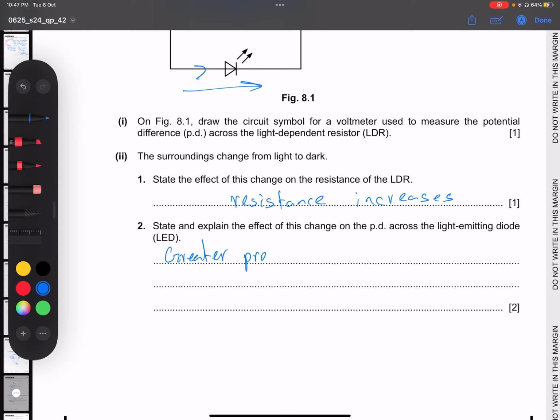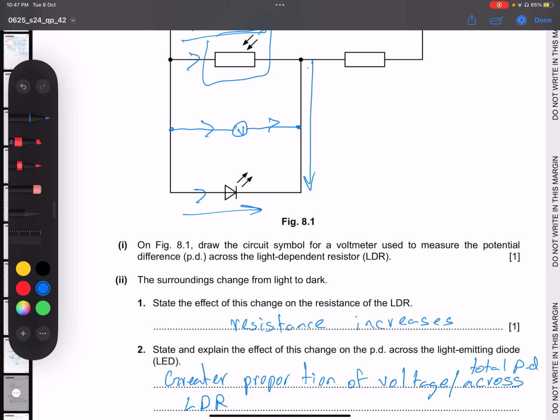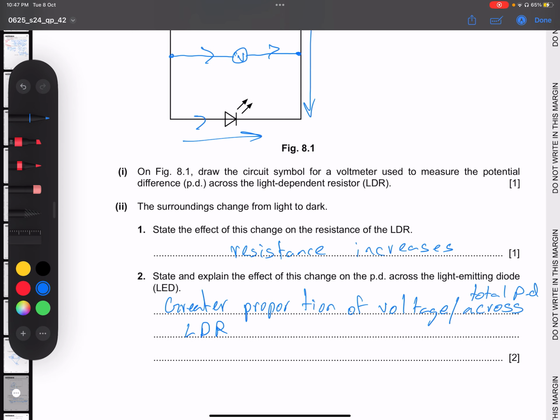So a greater proportion of the total PD, the total potential difference, is across the LDR. Since the LED is connected in parallel with the LDR, there is also a greater proportion of voltage across the LED.